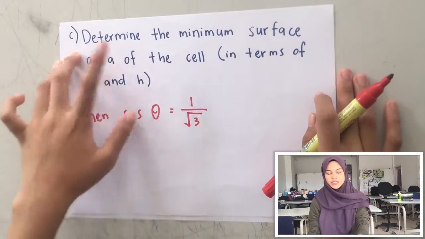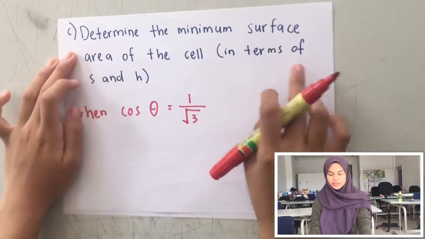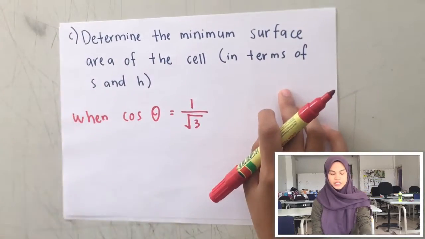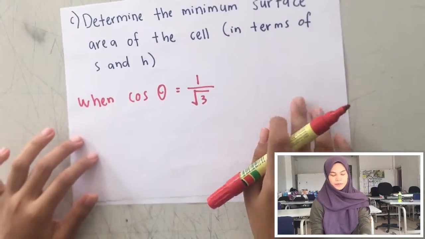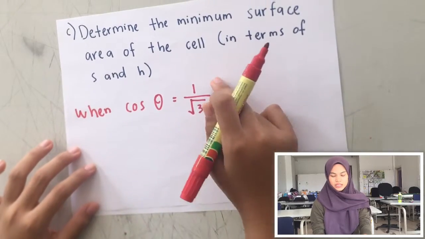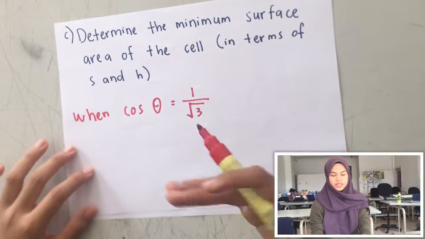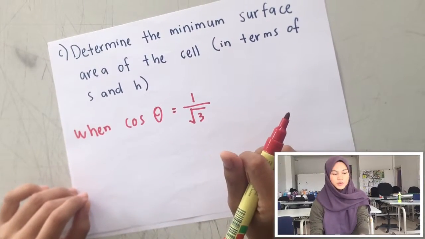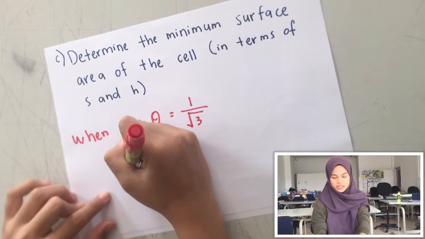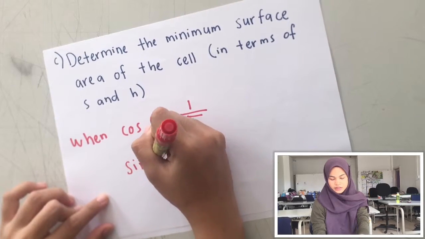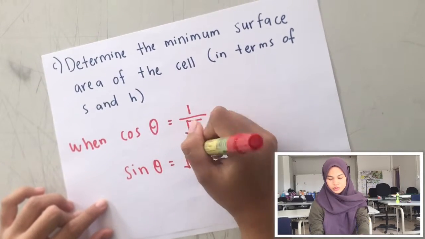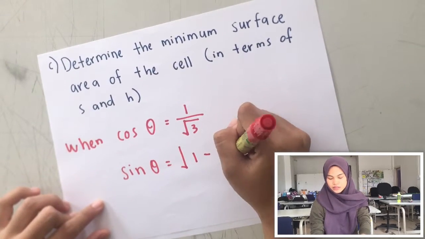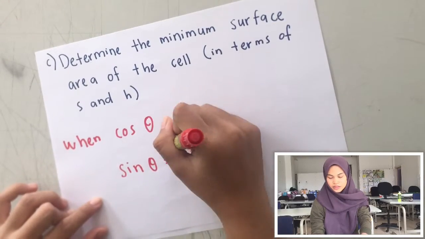So I'll continue with C. It asks us to determine the minimum surface area of the cell in terms of s and h. So from the previous part B, we know that cos theta equals 1 over square root 3. So we only have to find sin theta. How to find sin theta? We use the trigonometric identity, sin theta equals square root of 1 minus cos squared theta.